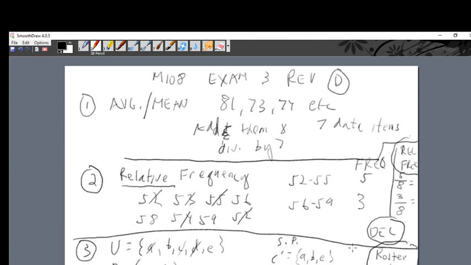You click on this when they're looking for roster form because they want you to put in all the elements inside the brackets. I guess I'm going to have to go to another video. All right, so that was D.